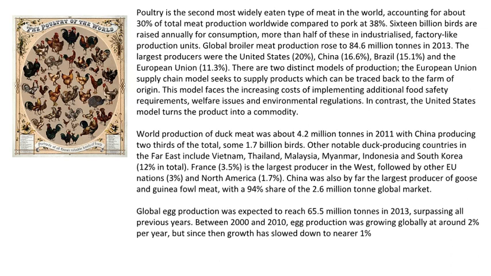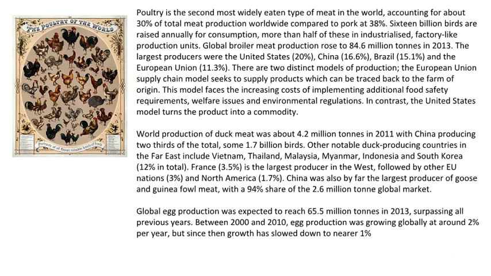The European Union supply chain model seeks to supply products which can be traced back to the farm of origin. This model faces the increasing costs of implementing additional food safety requirements, welfare issues and environmental regulations. In contrast, the United States model turns the product into a commodity.